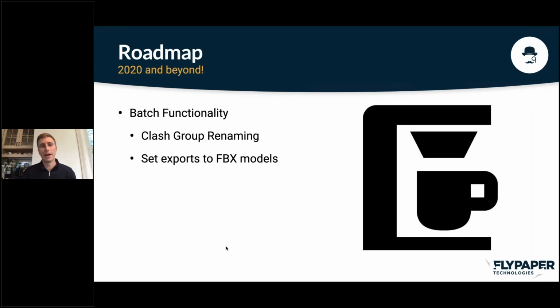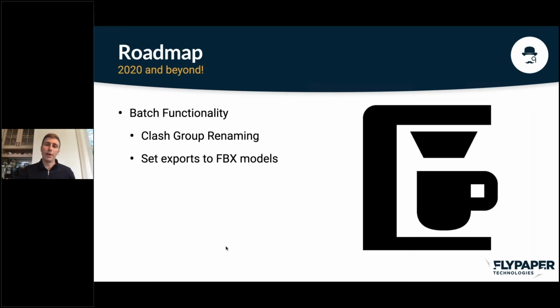So we're developing a very simple, fast, easy-to-use way to batch add prefixes or suffixes to a bunch of different groups all at one point in time. If you like to put the assignment in the group name, you could select all the groups to be assigned to a contractor and easily inject that assignment into the clash group name.